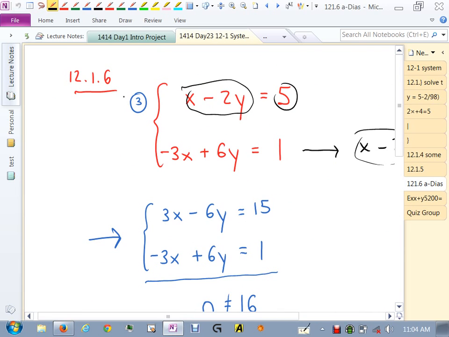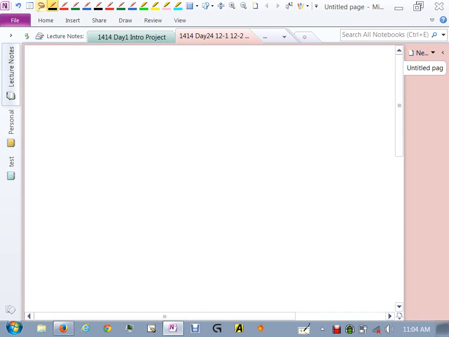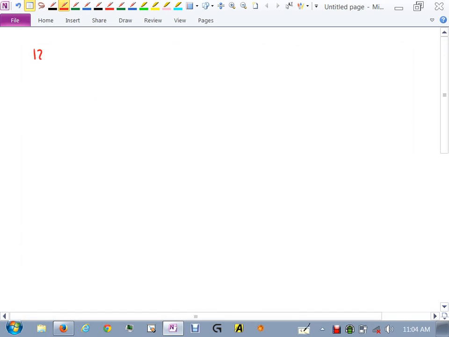All right, so last class we did a group quiz, example 12.1.6. I'm going to make this 12.1.7. Okay, I'm going to give you a system of equations, and let's see if we can solve it.